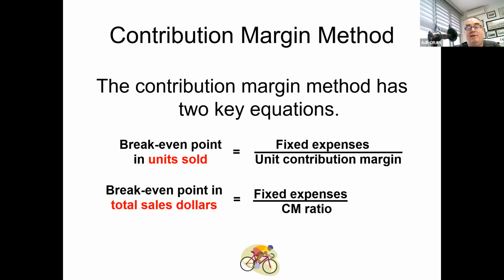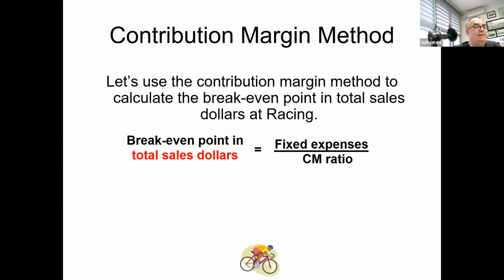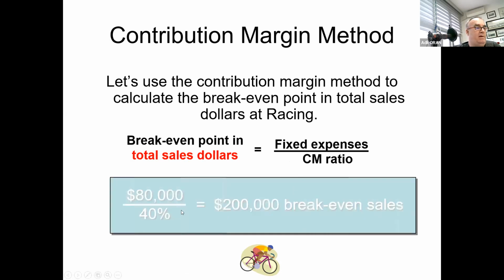If you have a particular target operating income, add how much profit you want to make on top of the fixed expenses, and again, dividing by these will allow you to find those points. So for our company, $80,000 divided by 40% gives 200,000 break-even sales, calculated easily.